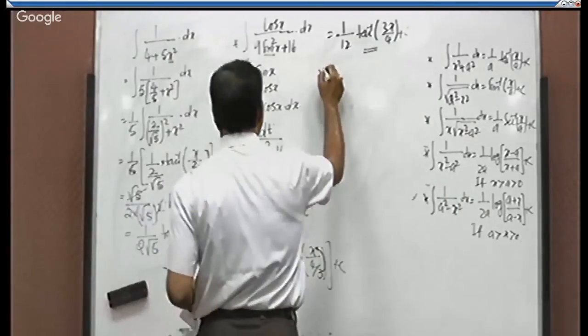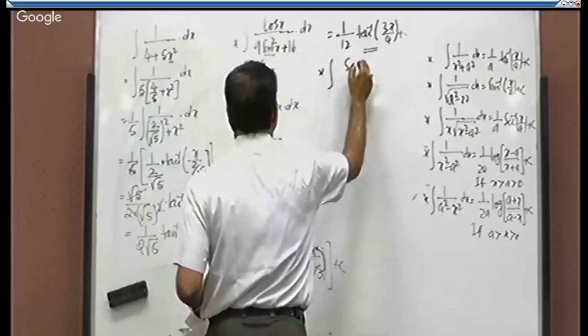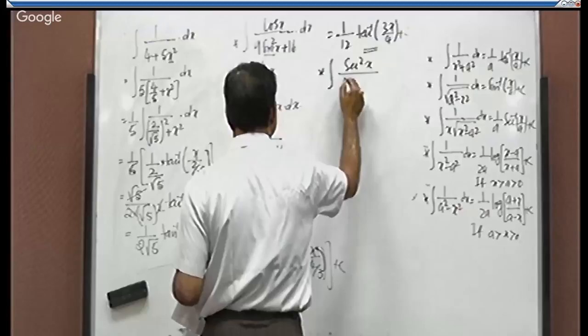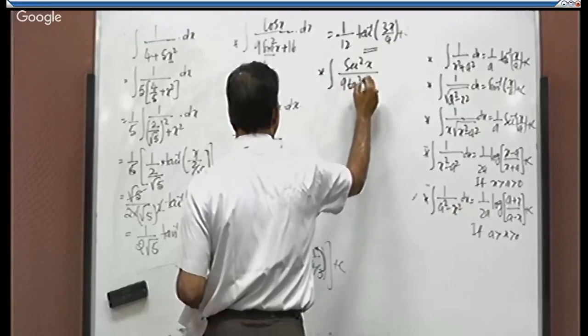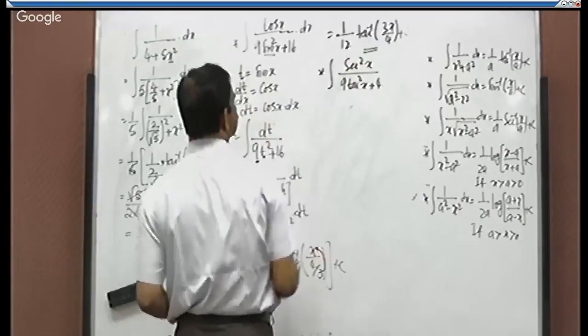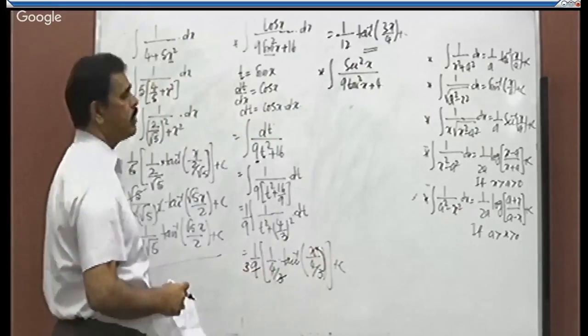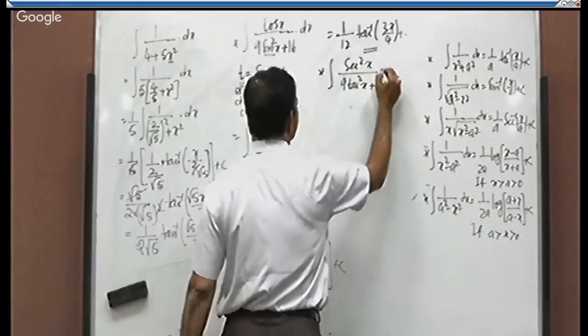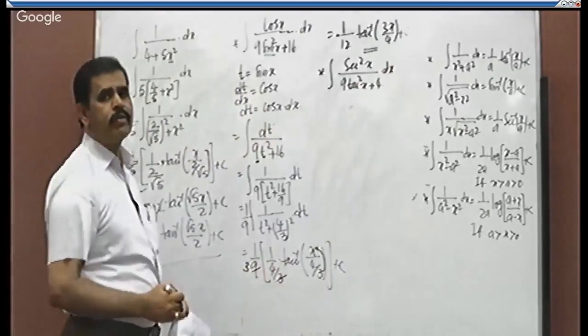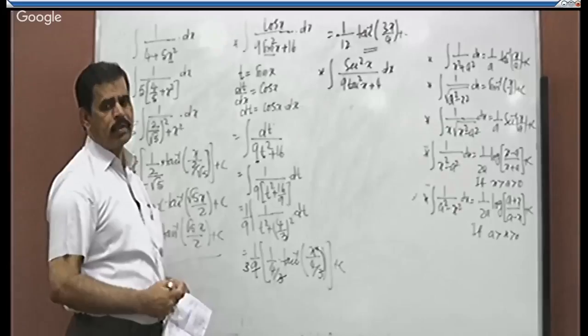Sometimes the problem will be given in terms of secant square and tan. 9 tan square x plus 4. Secant square x divided by 9 tan square x plus 4 into dx. Again, you have to go for the substitution method.